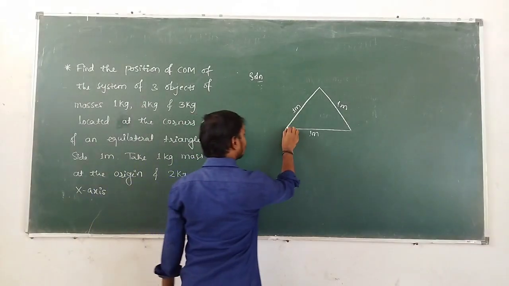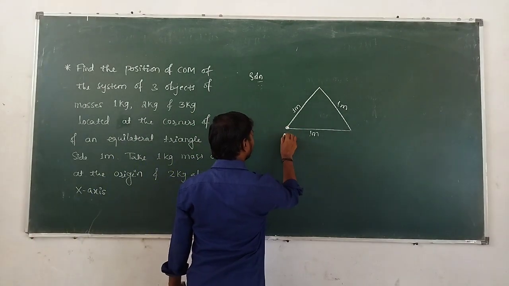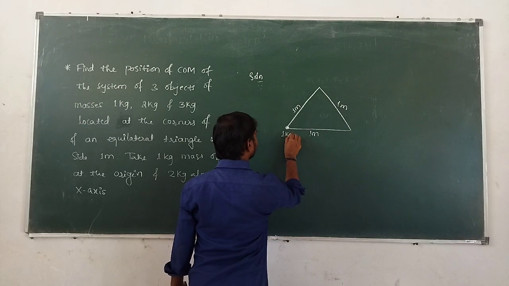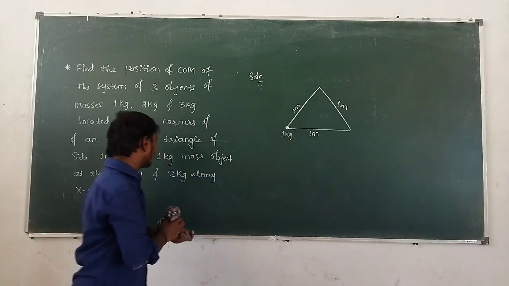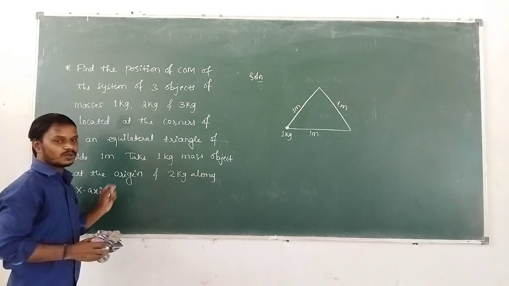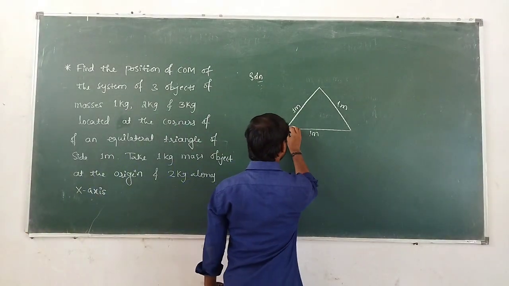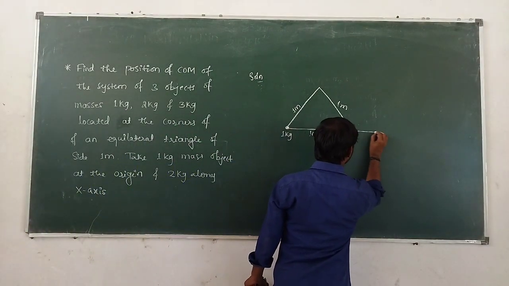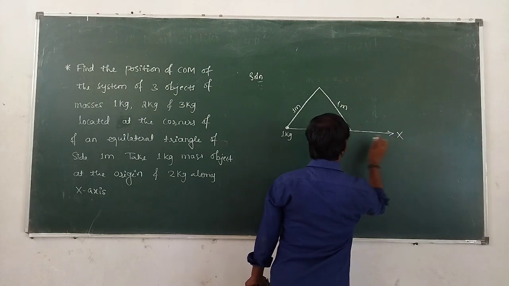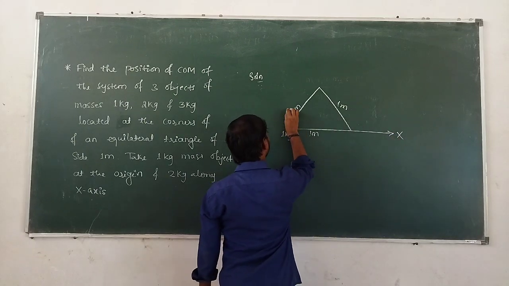Now let us take 1 kg here and next 2 kg taken along the x axis. What they said, 2 kg taken along the x axis. So I will take the x axis and this is the y axis.